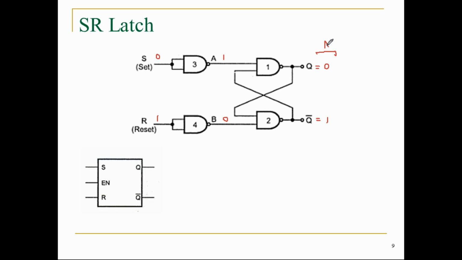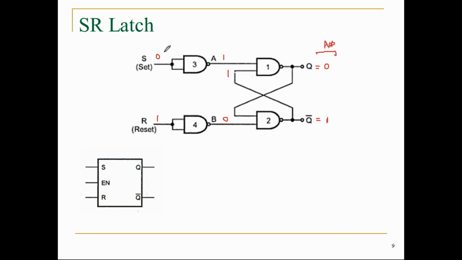I am not taking the exact value. Since it is 0, my output equals 1. This one comes to here. So all the inputs of this NAND gate are equal to 1. Hence output equals 0. Okay. This is the first assumption.